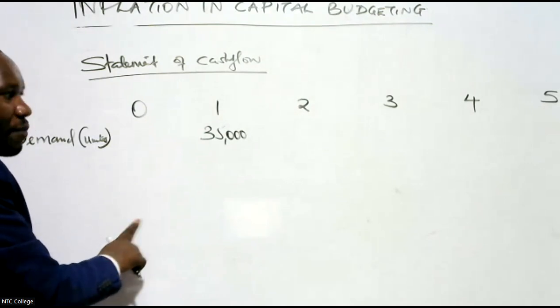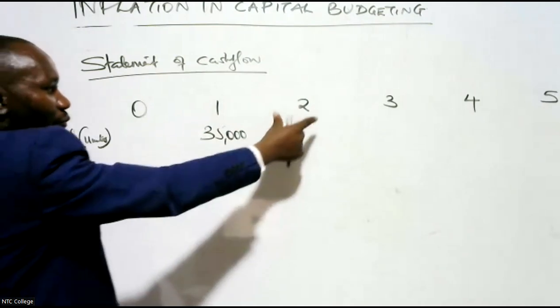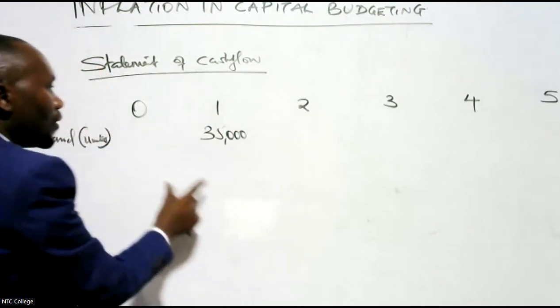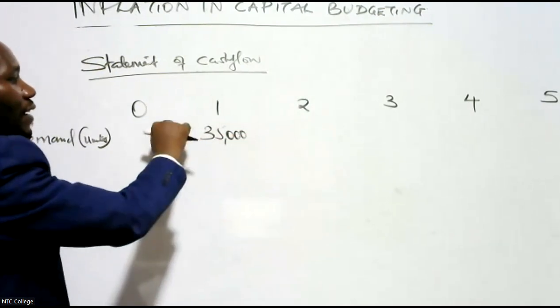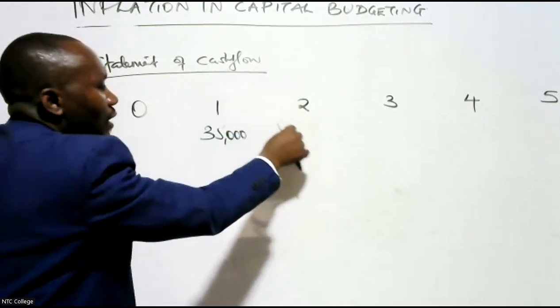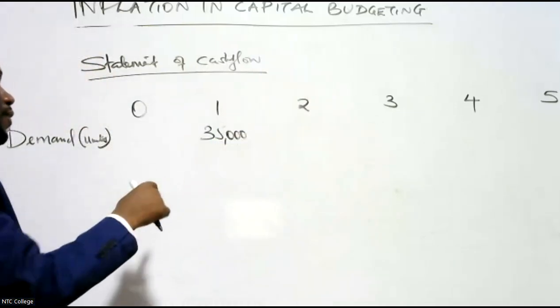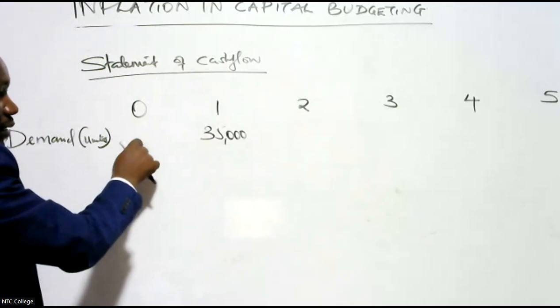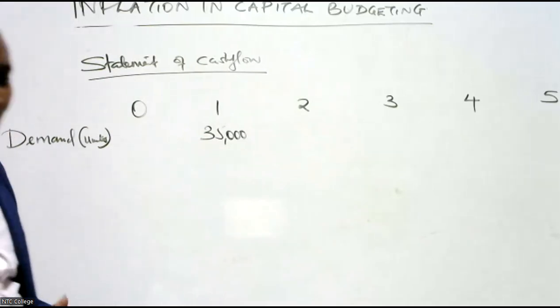But this one is at the end of the year. At the end of year 1, end of year 2, that is when you know how much you sold in units, and you'll be able to know the revenue. While this one is for the initial outlay.